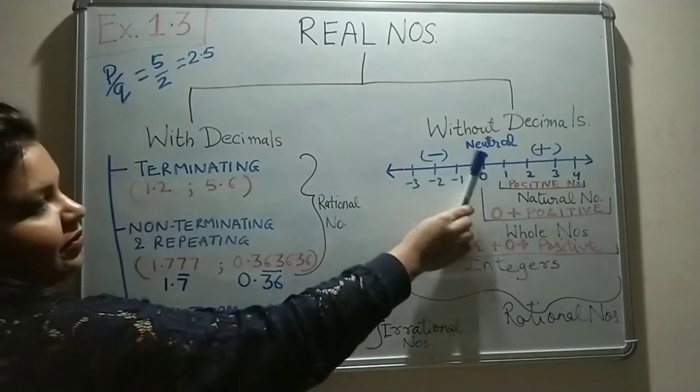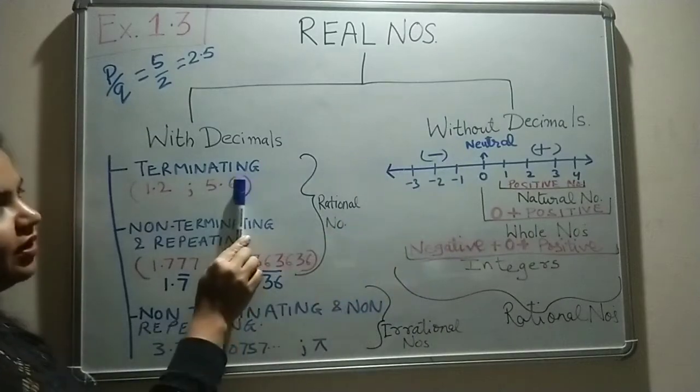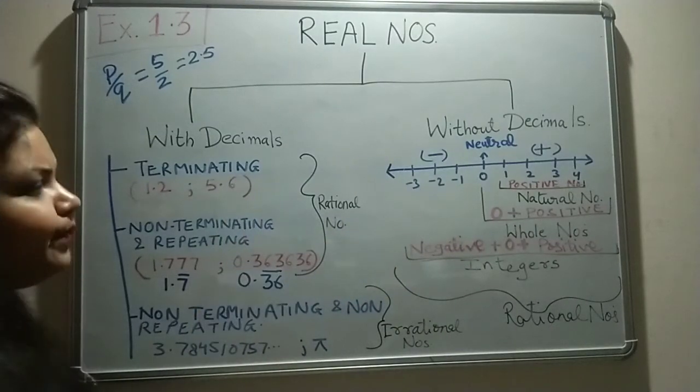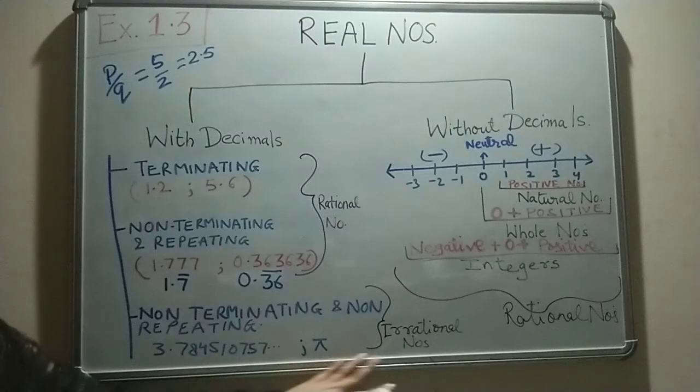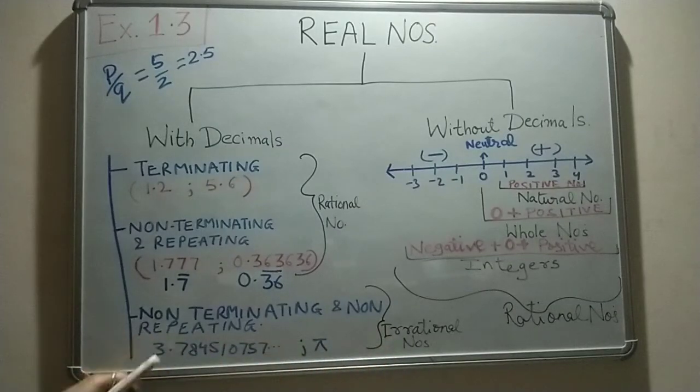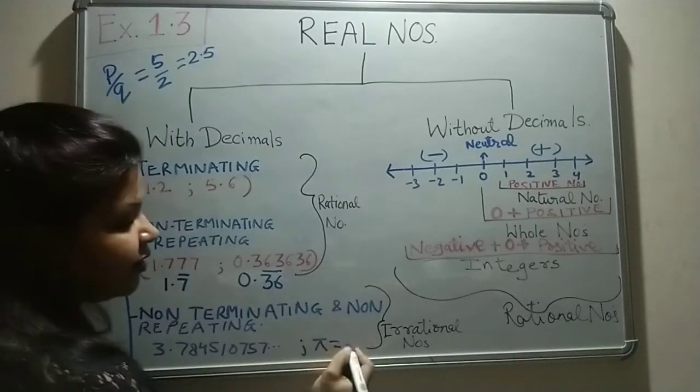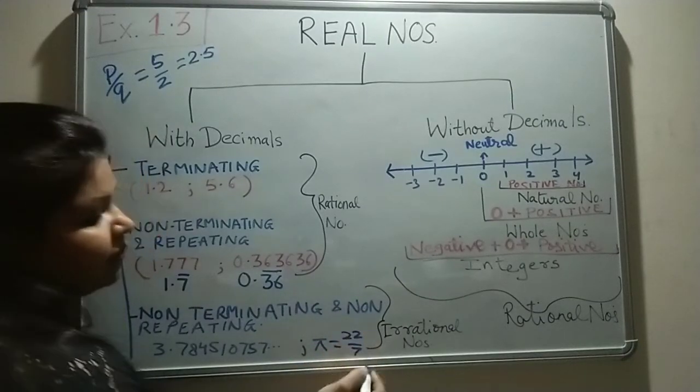Rational numbers can be without decimals and with decimals also. Now let's move towards the irrational numbers. In our previous exercise 1.2, I explained the irrational numbers. So irrational numbers are what? Non-terminating as well as non-repeating. Like pi. You will say that pi is 22/7, so ma'am, that would be a rational number.